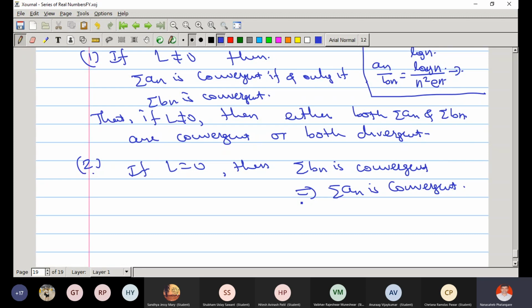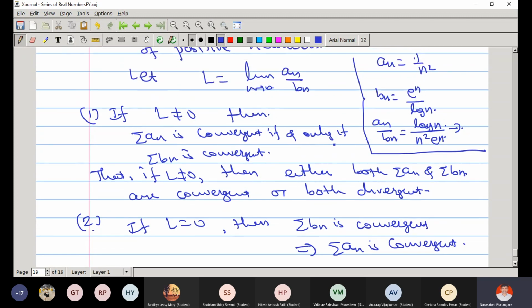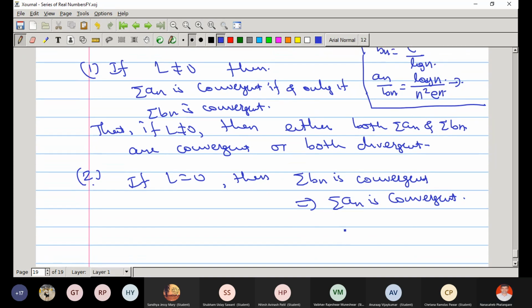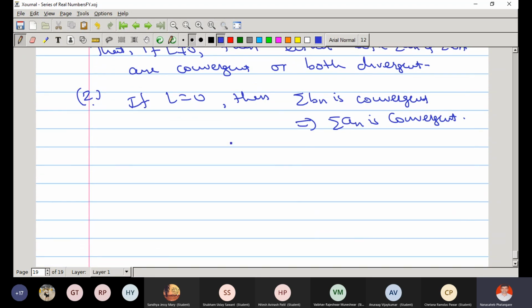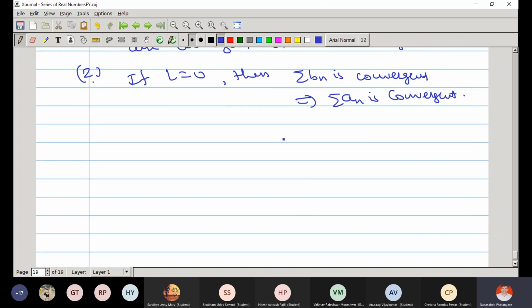So if Bn is convergent, whatever the denominator Bn is, if that corresponding series is convergent, then the numerator An series is also convergent, provided the limit L is 0. This is how the test is. And this can be proved, but before going to the proof, we'll see examples.